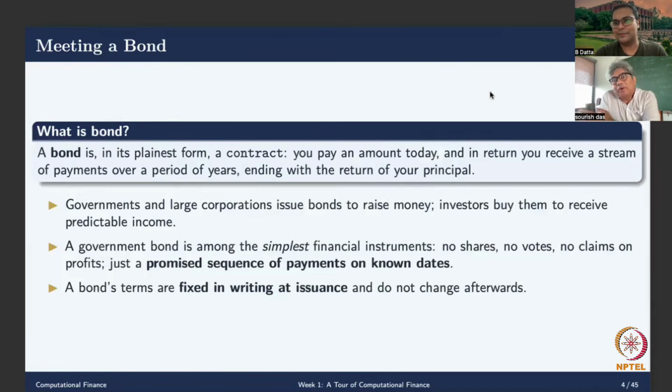Whereas if the bond is issued by a company, it may go bankrupt. So it is still a bond, but since the issuer is not a sovereign, the issuer is a company, we would like to think the default risk is somewhat slightly higher.